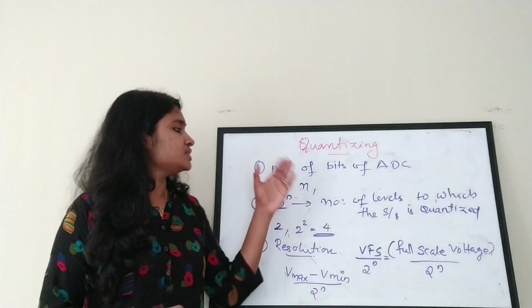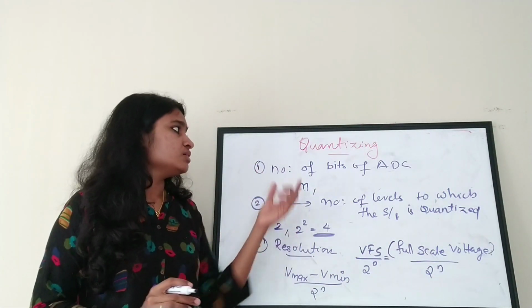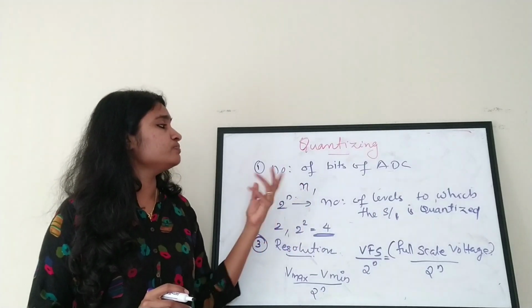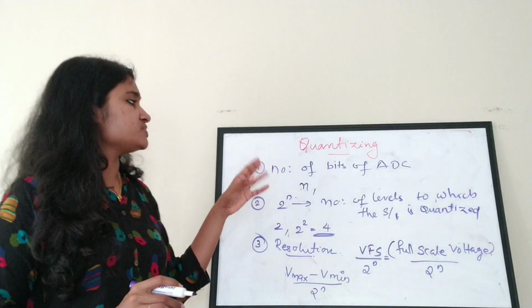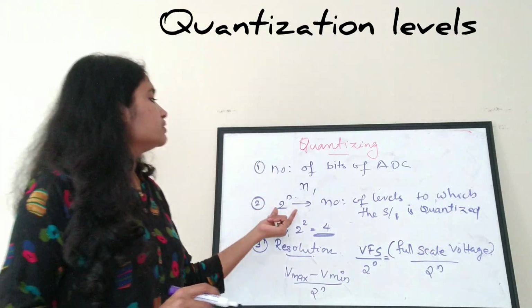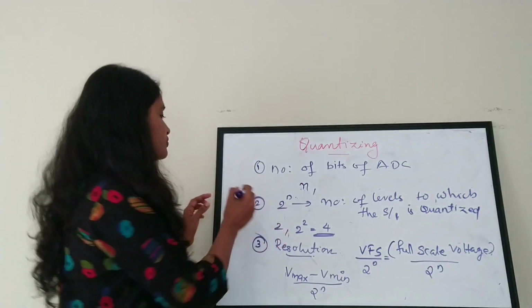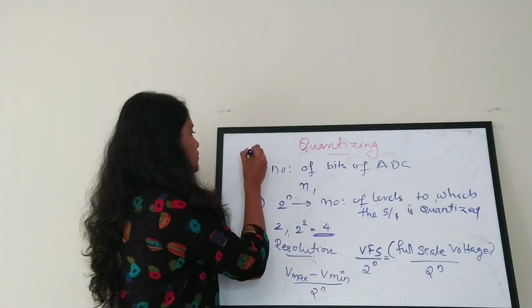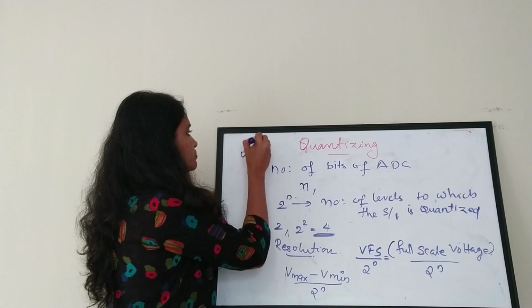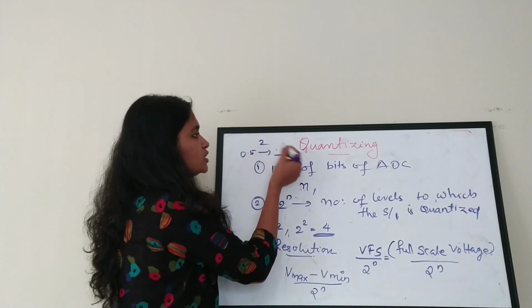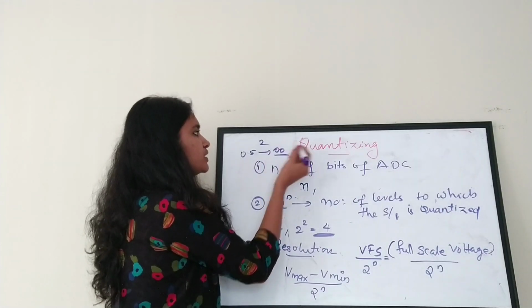So these three things you should understand. First one is the number of bits of the ADC. That is, how many bits will the digital representation have. Each value will be represented using n bits. So if I'm going to represent a voltage 0.5, and the number of bits is 2, then this digital representation will have two bits, which can be 00, 01, 10 or 11.